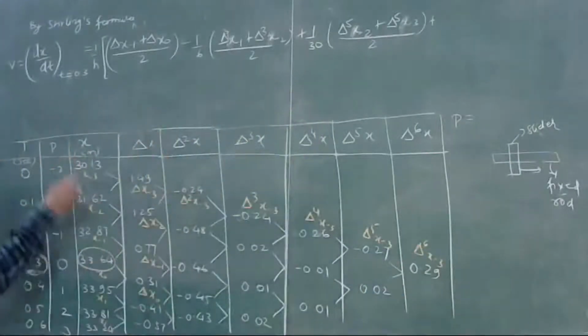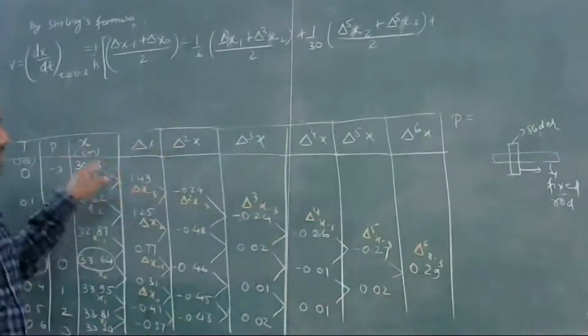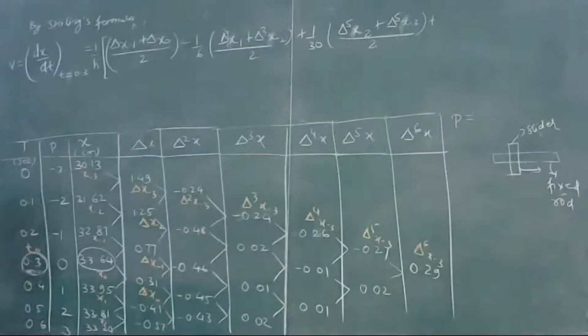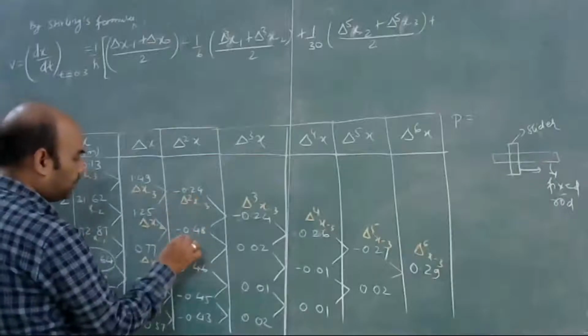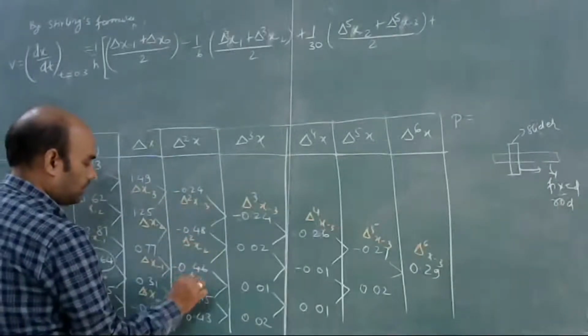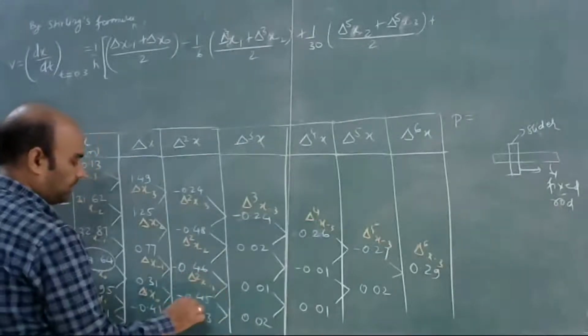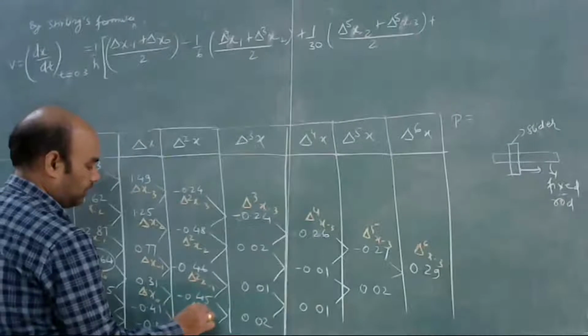So you should know how to write this difference. So this will become del square x minus 2, del square x minus 1, del square x0.